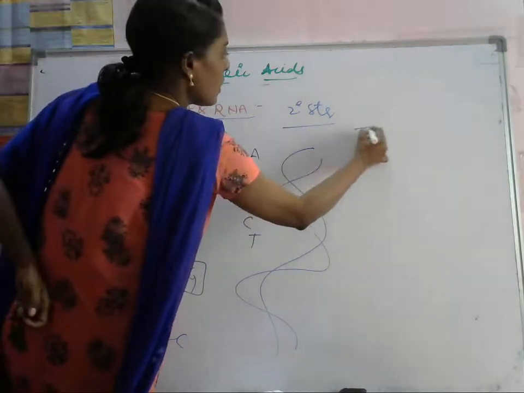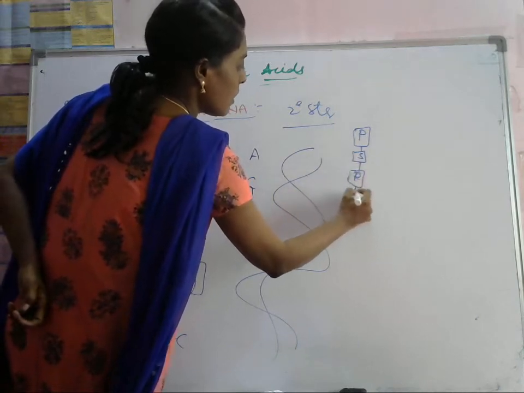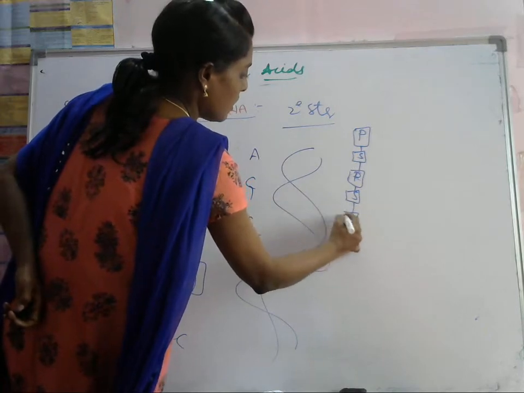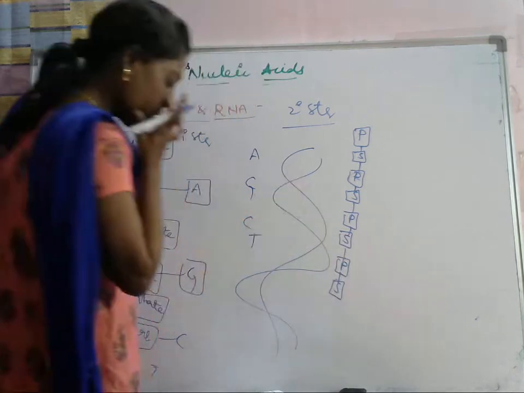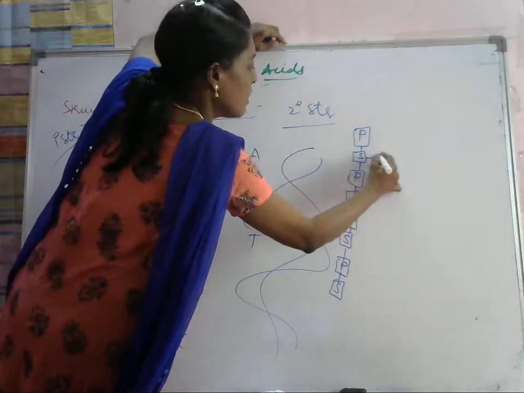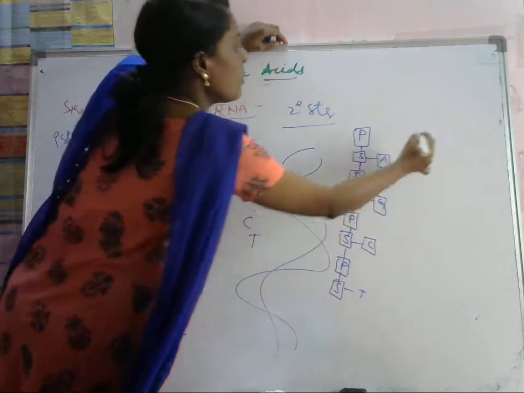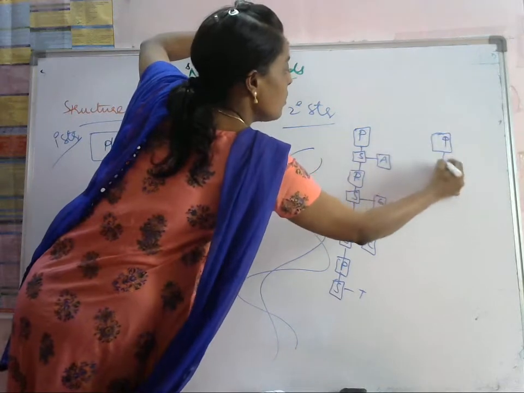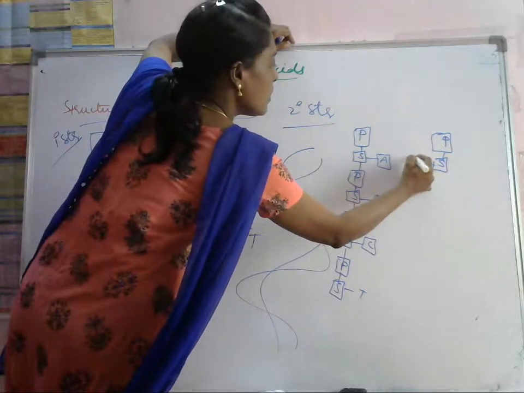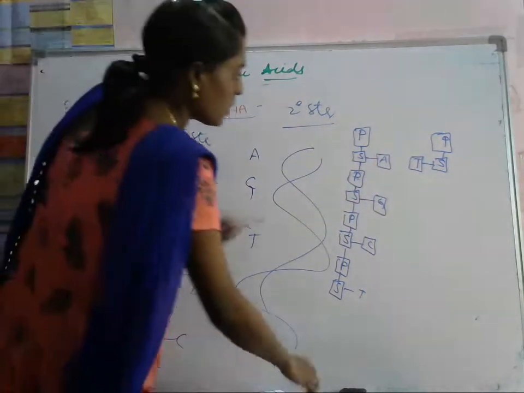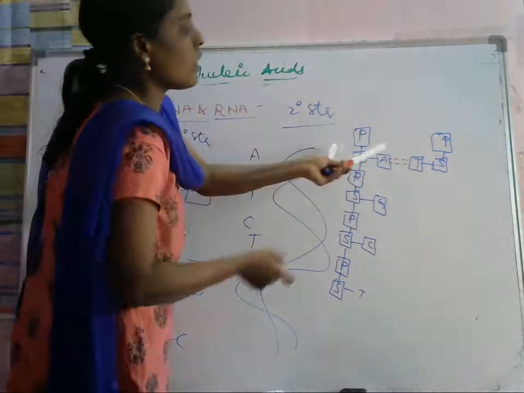Here P means phosphate and S means sugar, attached to A, G, C, T. Another P is attached to this one, connected to T. There are hydrogen bonds between adenine and thymine, two hydrogen bonds. That's why I show it like this.